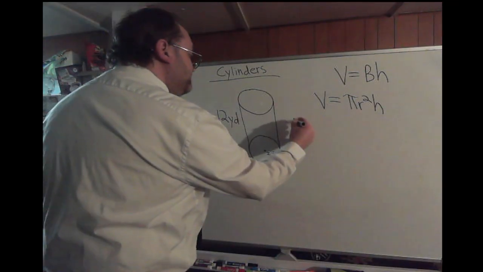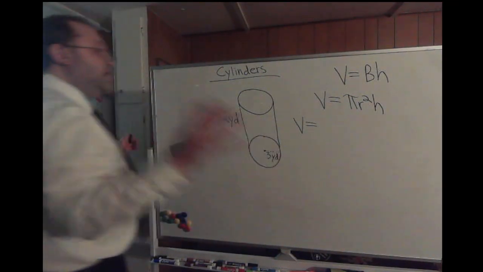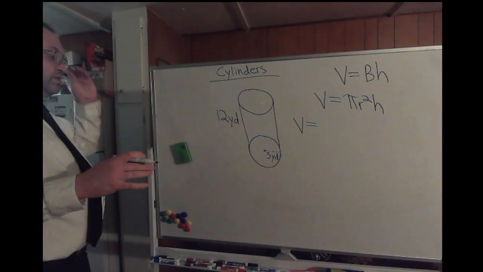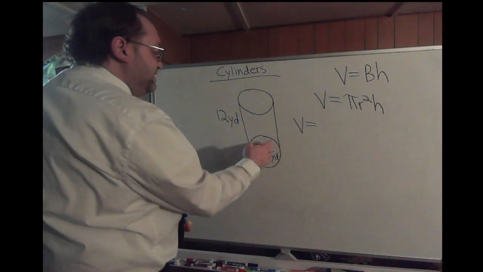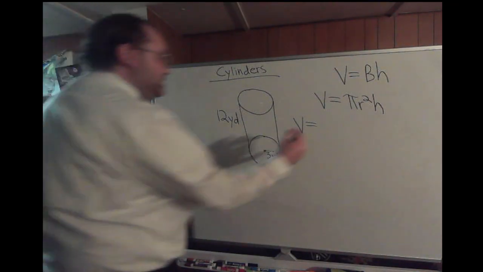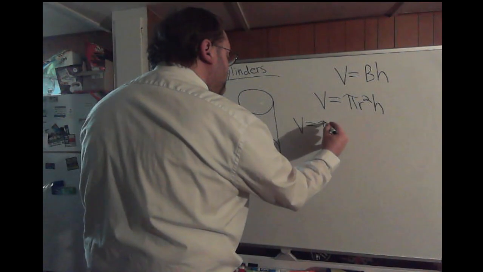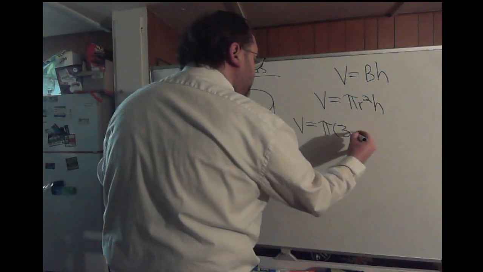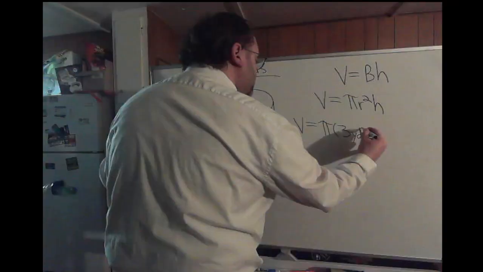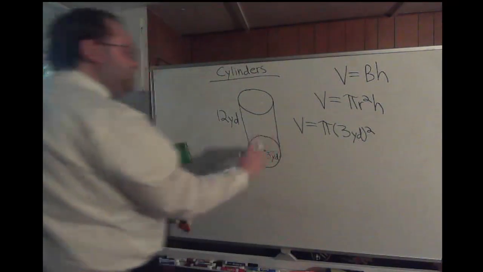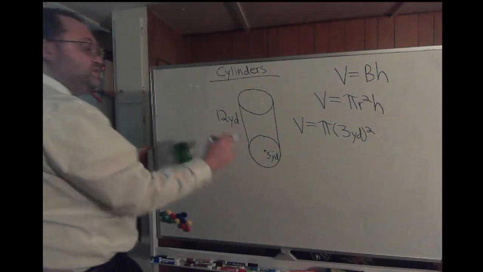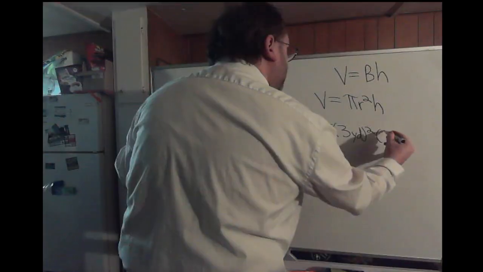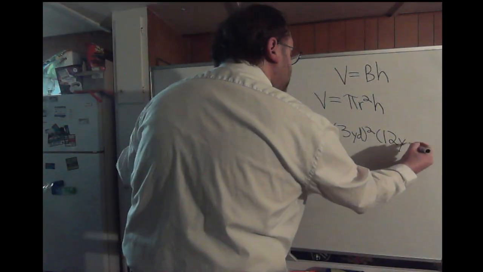Okay, so to find the volume of this cylinder, you're going to find the area of one of the circular bases, which would be pi times the radius squared, which would be 3 yards, that quantity squared. You're going to take that area and multiply it by the height of the cylinder, which would be 12 yards.